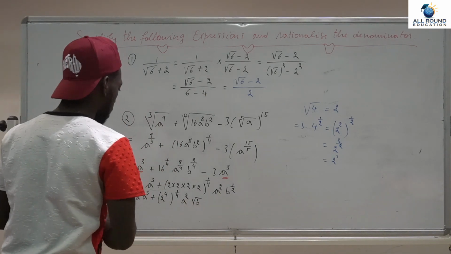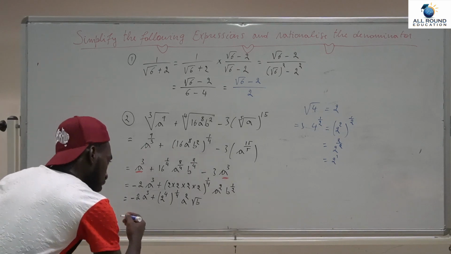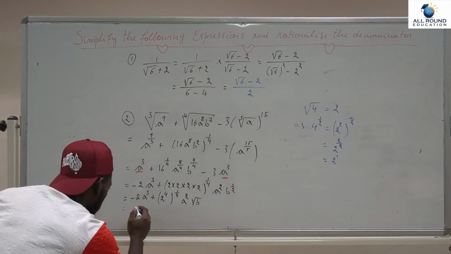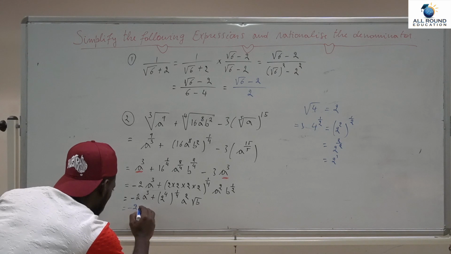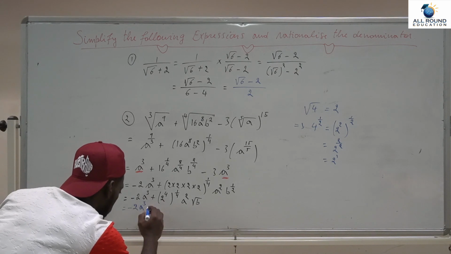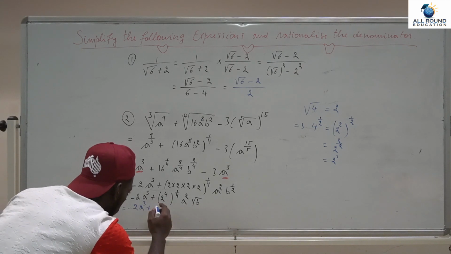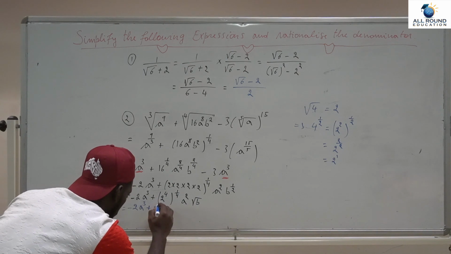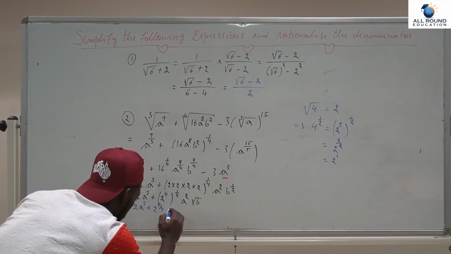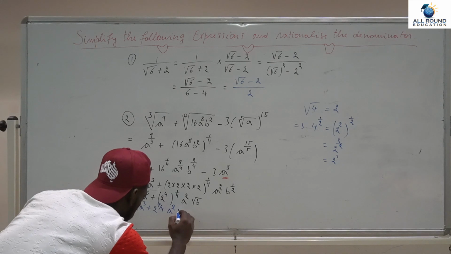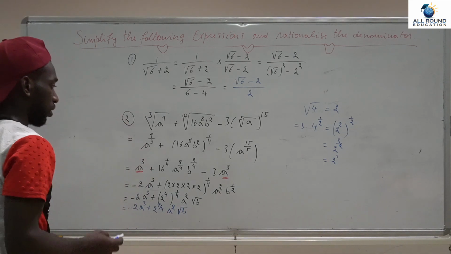And then my next line, which could then be that cubed plus 4 on 4, 2 to the power of 4 on 4, a squared root b, right?